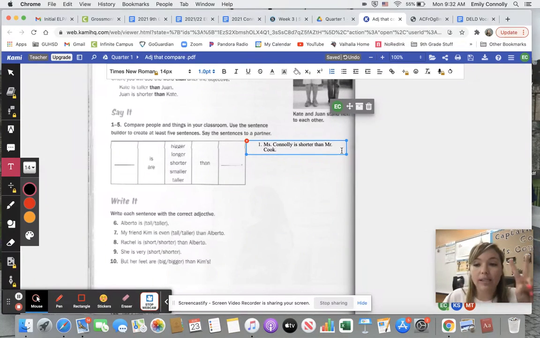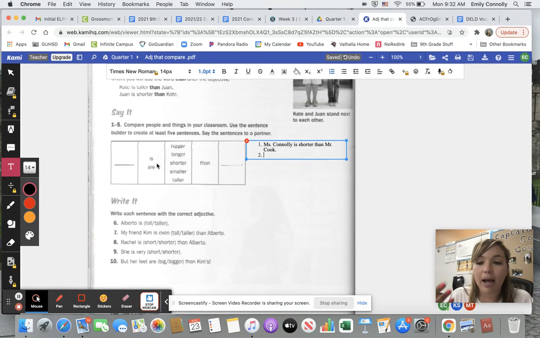Este es un frase comparing Miss Connolly and Mr. Cook. Dos nouns. 2 nouns. So Miss Connolly is shorter than Mr. Cook. If I want to use más personas de uno, Miss Connolly and Mrs. Scarangelli are. Cuando solamente uno, necesito is.